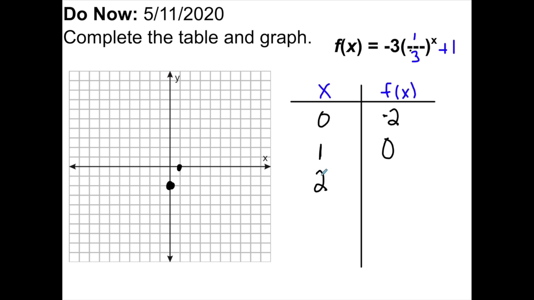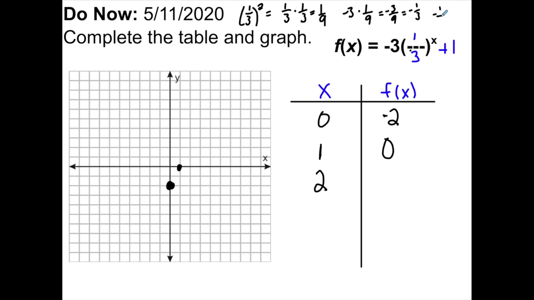What if I plug in 2? So a third squared. I'm going to do this one now because this one's harder to do without writing it down. 1/3 squared equals a third times a third, which is a ninth. -3 times 1/9 equals -3/9 equals -1/3.